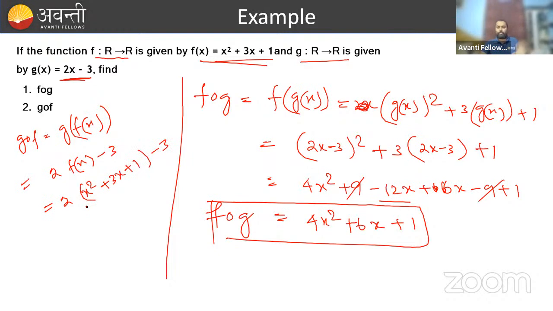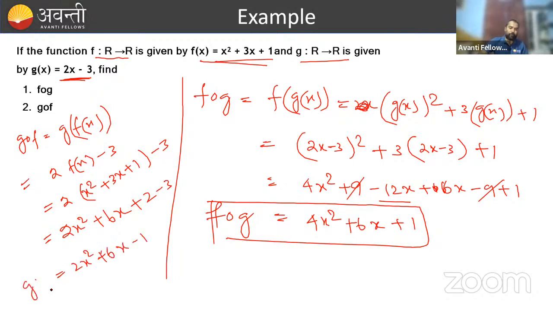So this will be 2x square plus 6x plus 2 minus 3. That is 2x square plus 6x minus 1, which is your gof, or g of f of x. Clear, everyone? Yes. So this is my gof and this is my fog. Okay, let's move.